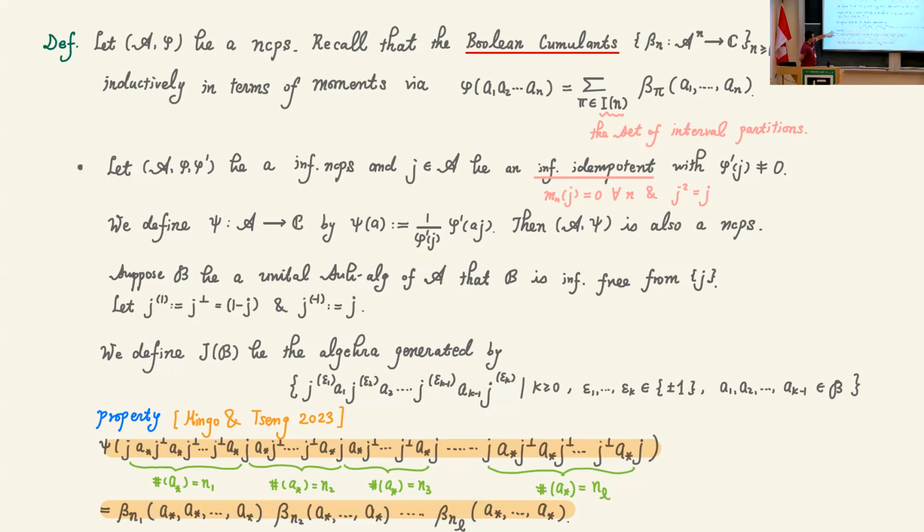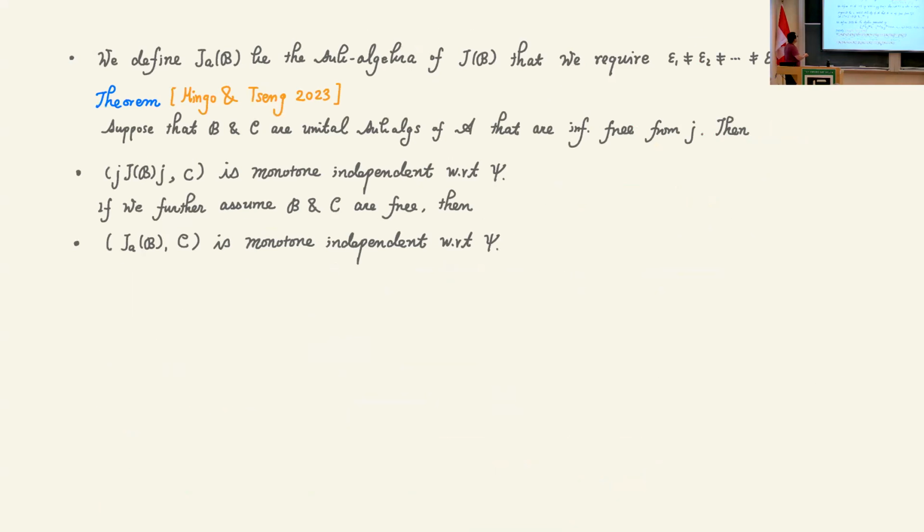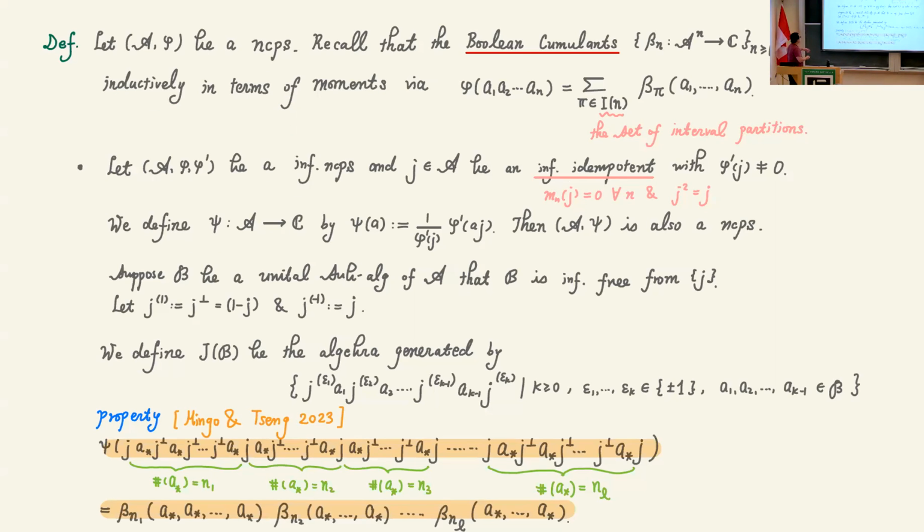So this can be calculated precisely by using the Boolean cumulant. Sorry, maybe quickly recall: JB, you can see here, is defined by all the possible algebras generated by those terms, and each time J epsilon can be chosen as J or J perp.